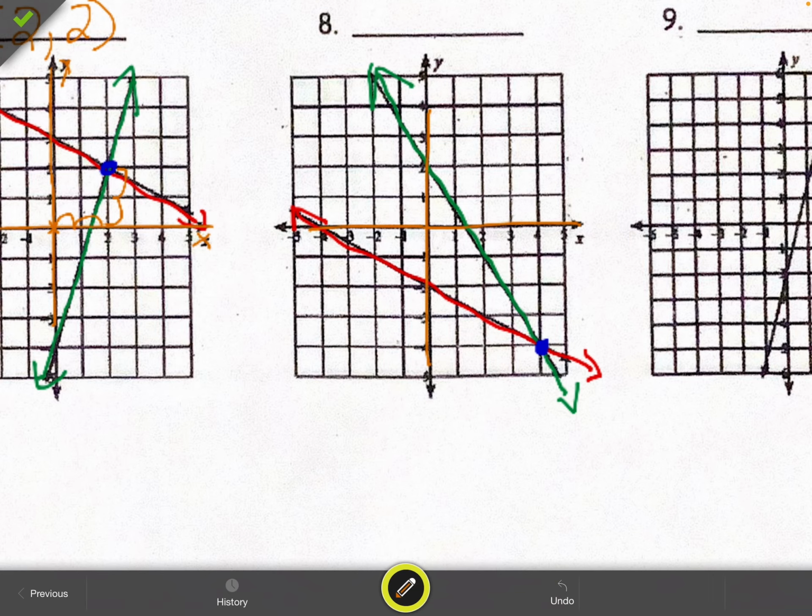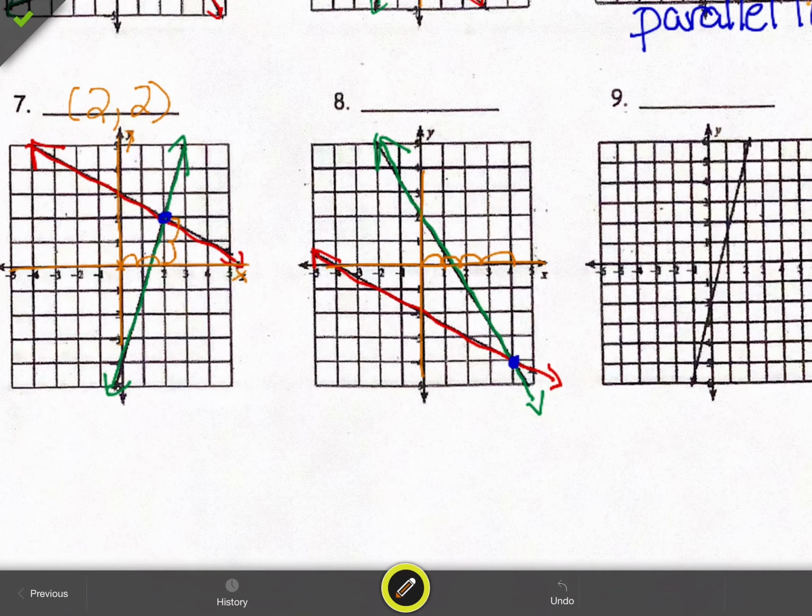We have to go to the right 1, 2, 3, 4. Remember, right is positive, left is negative. So positive 4. And then we have to go down. 1, 2, 3, 4. Down 4, down is negative. Down is negative, up is positive. So the solution to that system of equations is 4, -4.